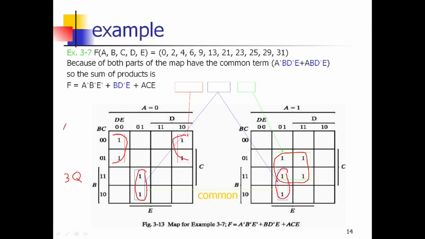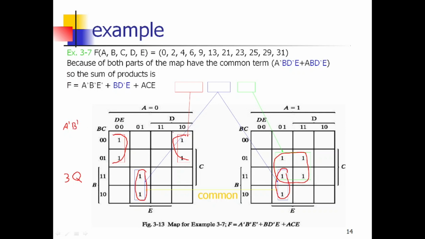Actually, for these 16 cells we have to consider A dash, and for these 16 cells we have to consider A. When we fold these 16 cells over these 16 cells, A dash plus A becomes 1. So for this quad, this is A dash, C dash plus C becomes 1, and B dash is here.